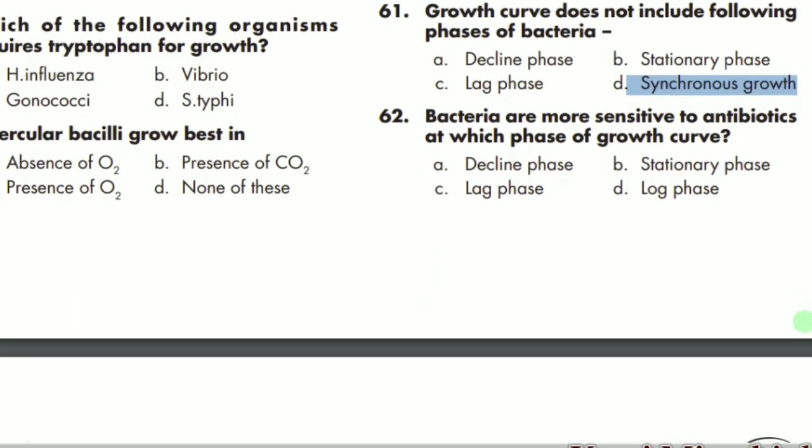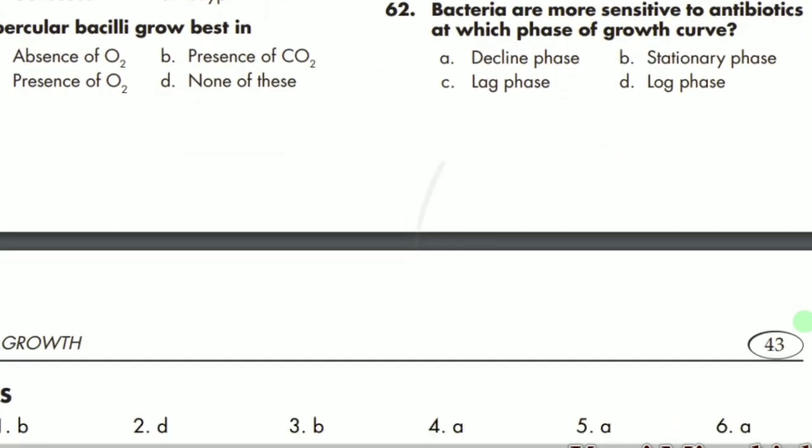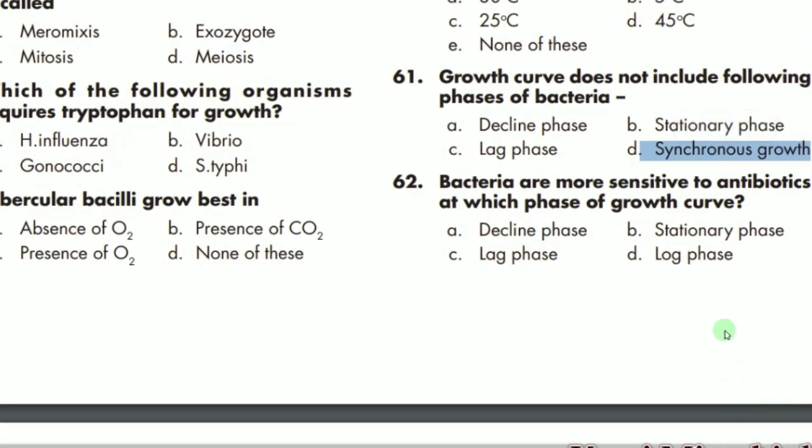So D is the correct option. Then we have the last MCQ of this chapter, which says that bacteria are most sensitive to antibiotics at which phase of the curve. It is mostly sensitive when the bacteria are in the log phase, so then it is sensitive to antibiotics. D is the correct option.